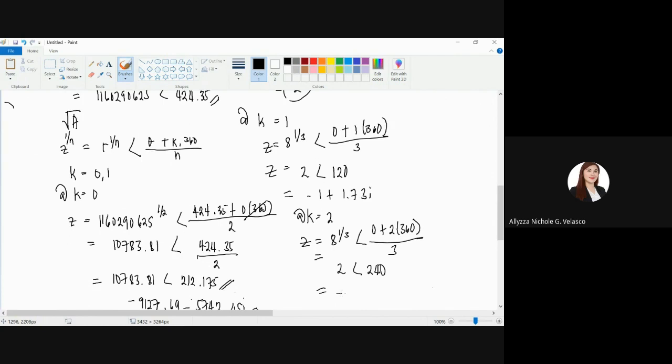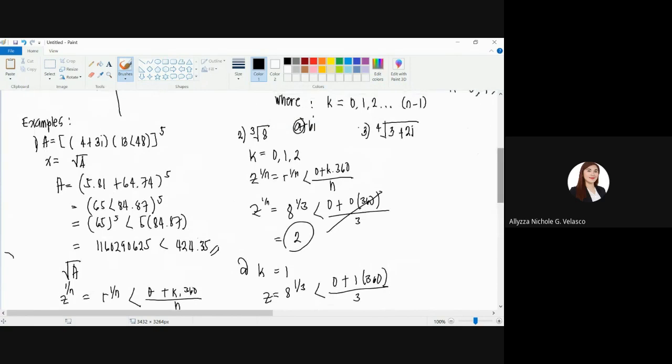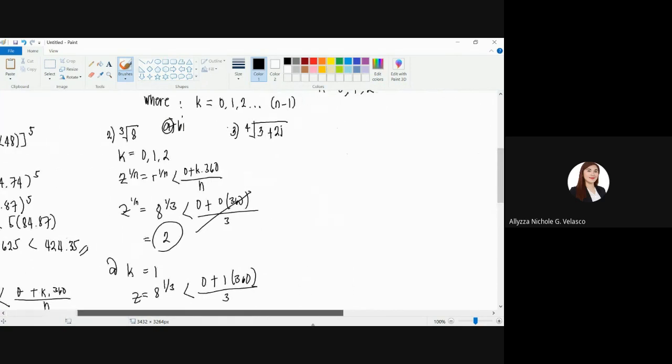So we have here the equivalent rectangular form is -1 minus 1.73i. So this is our roots. So hindi lang po 2 yung cube root ng 8. Ano? So next, let's proceed to the last example.